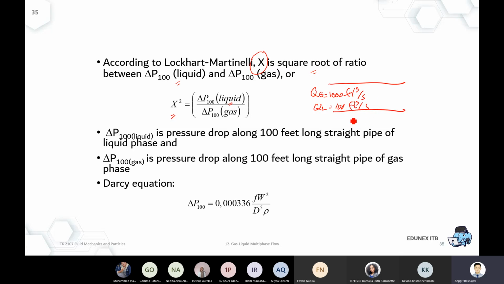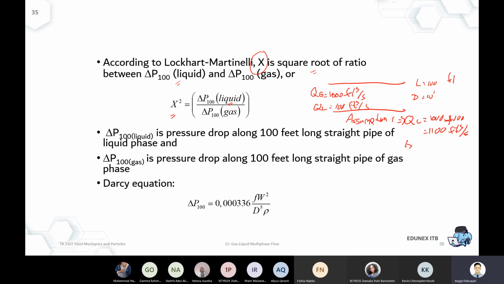That means assumption one: now everything is expressed as Q liquid, which is 1000 plus 100 in this example. So everything is assumed to be liquid using the specific pipeline that is designed in this example. Previously I said that it's 100 feet, for example, and the diameter, let's say, is 10 inch. So that's assumption one.